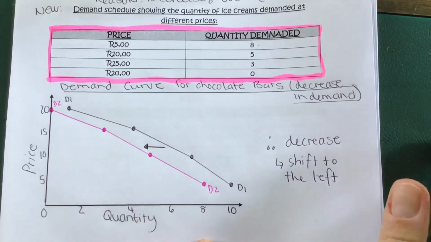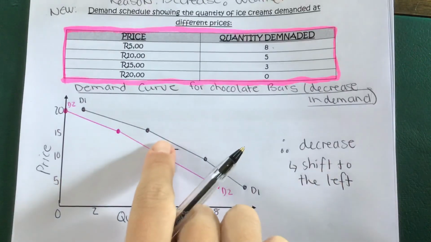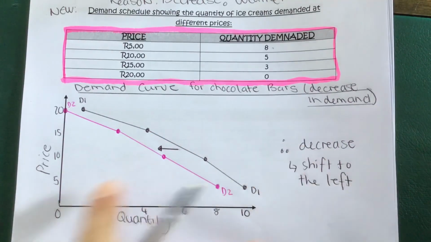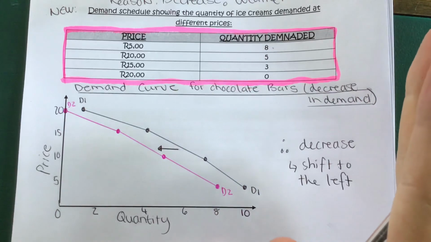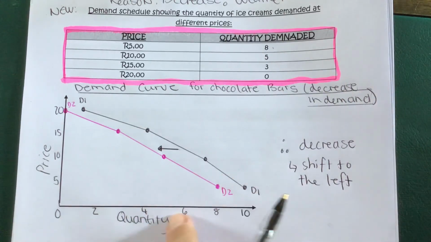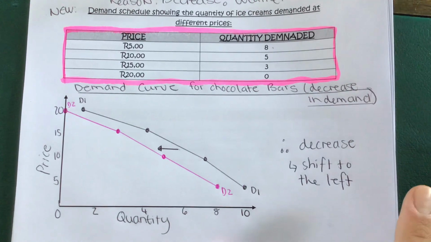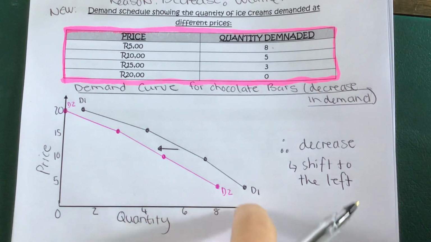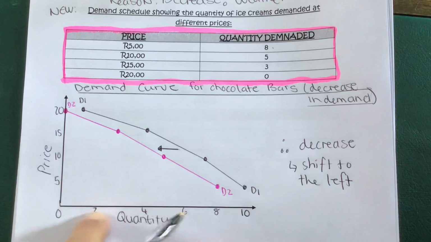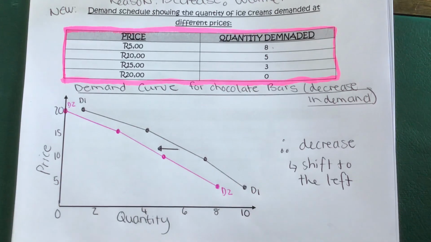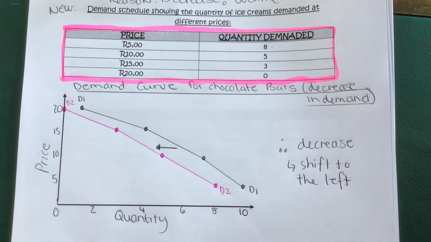Whereas if there was an increase in demand, the demand curve would shift to the right, because when we're moving right on the demand curve, the quantity demanded is increasing. Look, 2, 4, 6, 8, 10, it's increasing. And when I go to the left, 10, 8, 6, 4, 2, it is decreasing. So we can see a shift and a decrease in demand here.